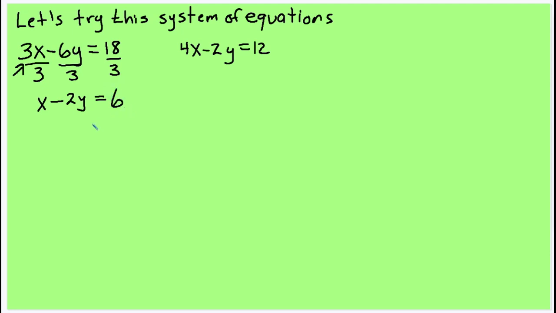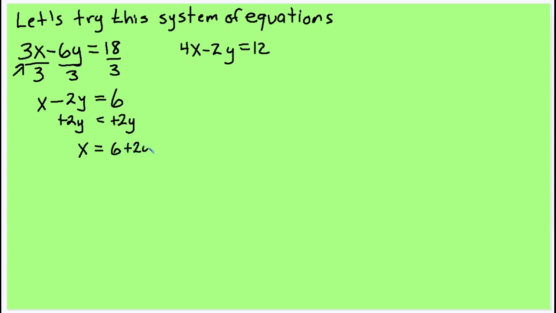So now I'm going to get the x by itself, so that means I have to add 2y to both sides. And I get from that x is equal to 6 plus 2y.